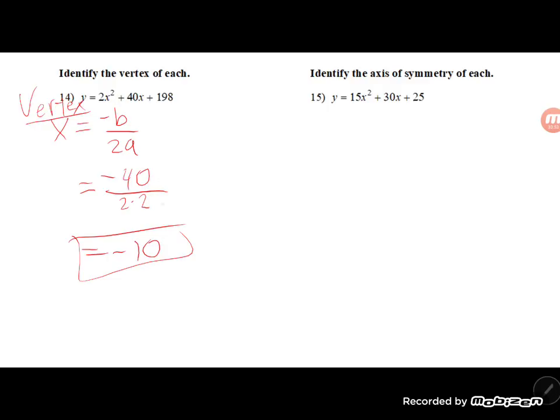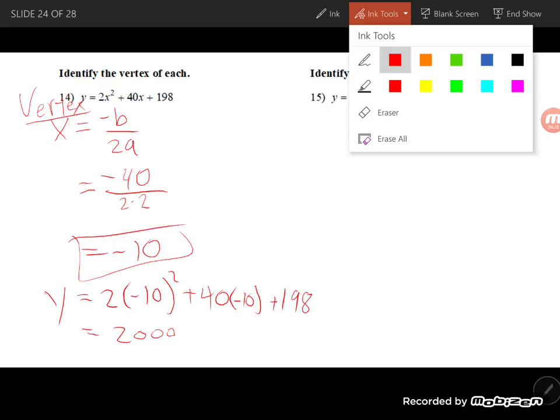We can now plug this in and calculate our y value. So we have y is equal to 2 times negative 10 squared plus 40 times negative 10 plus 198. Calculating that, that's going to be positive 200, not 2,000.